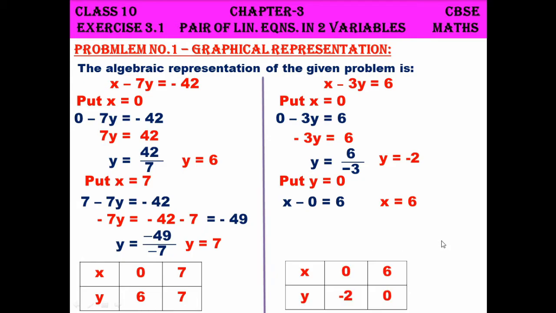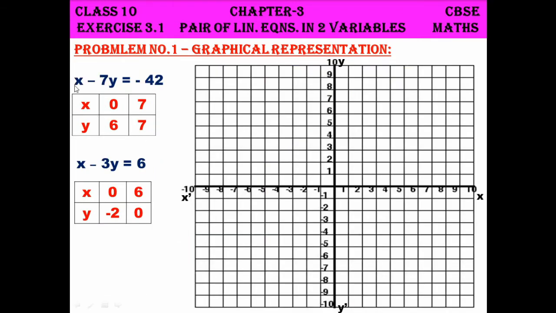So now I have got the values: x equals 0 gives me y equals minus 2, and y equals 0 gives me x equals 6. So with these values, let me plot the graph. The equations are x minus 7y equals minus 42 and x minus 3y equals 6, and the coordinate points are tabulated as this.